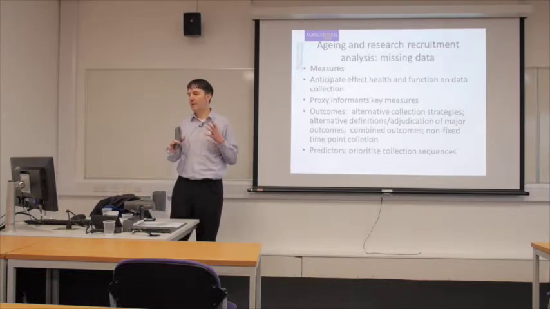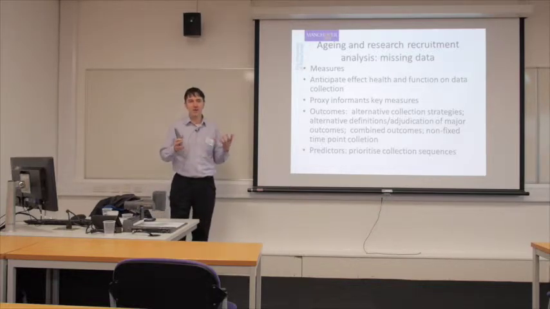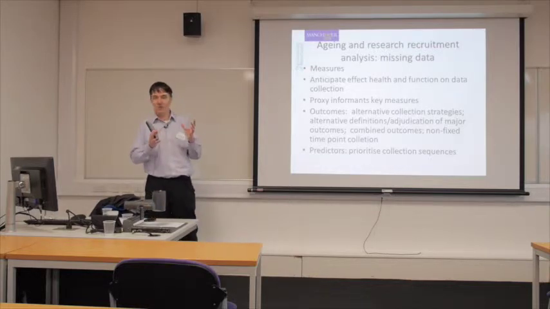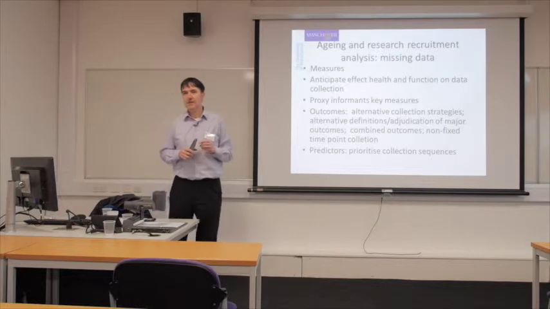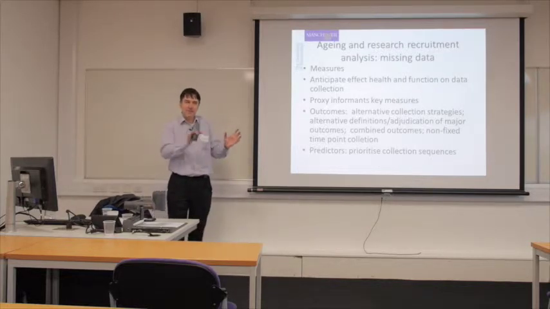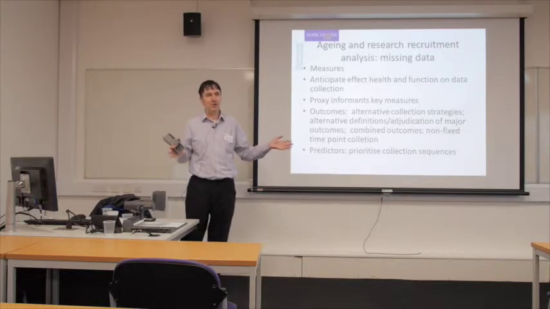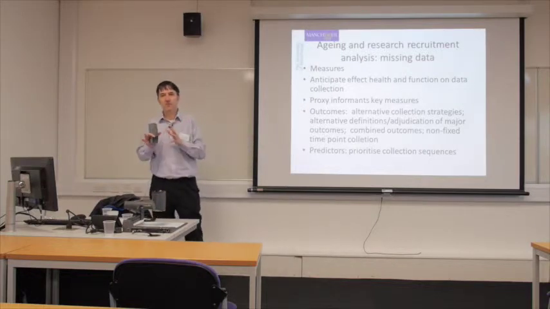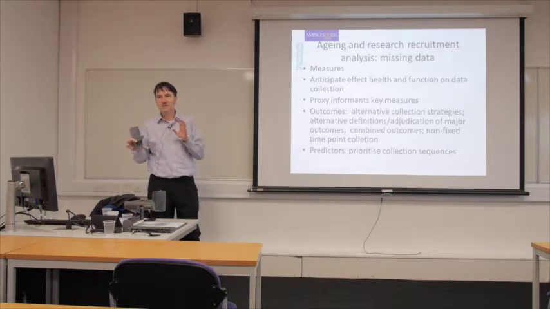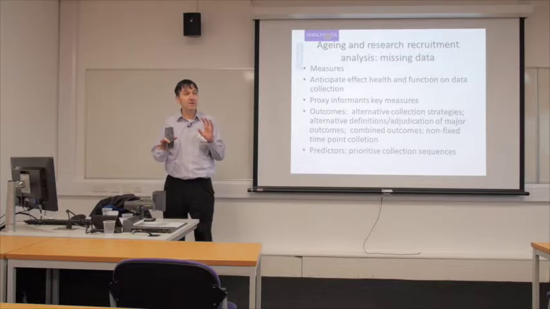And also, can you look at combining outcomes in a way where you can lose certain pieces of information and still get a core outcome measure. Sometimes you have to think about non-fixed time point collections. I know it's nice to have data spurs around standard time points if you're doing longitudinal research, but it might be possible to use a mixed time point collection to get your data to reduce this probability of losing data.